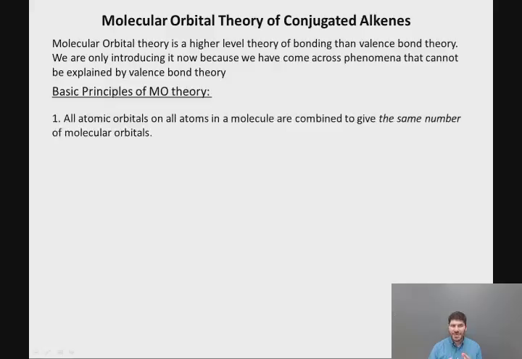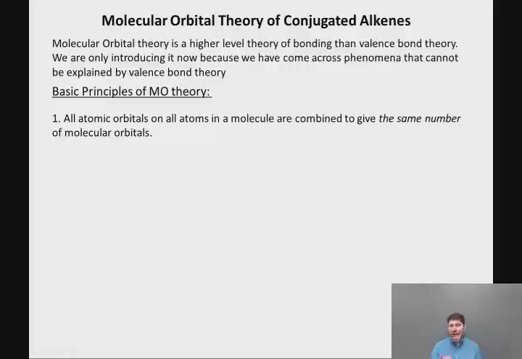Okay, so I'm going to give you now some basic principles of MO theory. I am assuming for the purpose of this video that MO theory is at least something that you have seen in a general chemistry class. So the first principle of MO theory is that atomic orbitals on all of the atoms in the molecule are combined to give the same number of molecular orbitals.